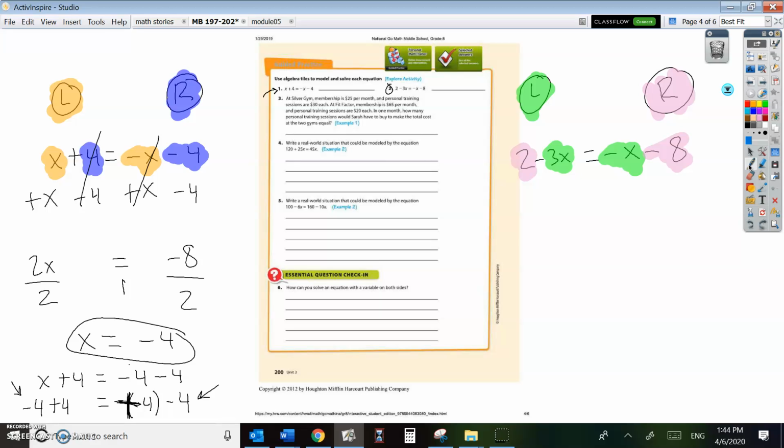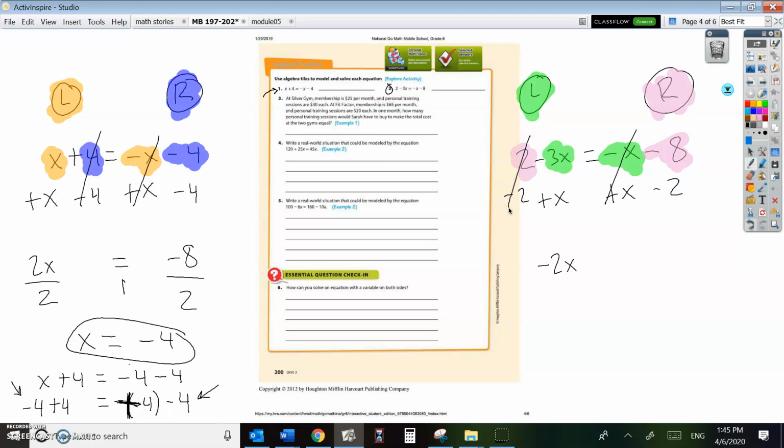So we need this x, this minus x, to go to the other side. So let's add x to both sides. These cancel. Minus 3x plus x is going to be minus 2x. Then this positive 2 right here, let's move that to the other side by subtracting 2 from both sides.